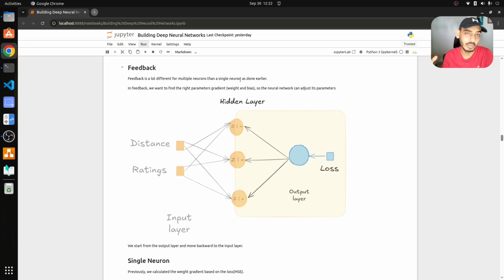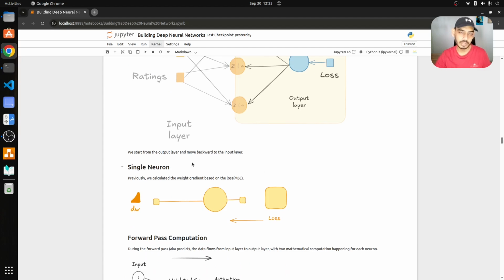In feedback, we want to find the right parameters, that is the gradient, which is weight and bias, so the neural network can adjust its parameters. We had weights and biases across the layers and across each neuron. So we want to update them such that the neural network can understand the relationship between the feature and target.